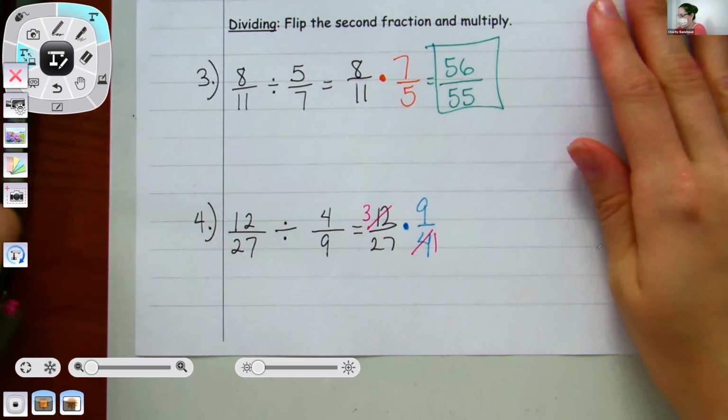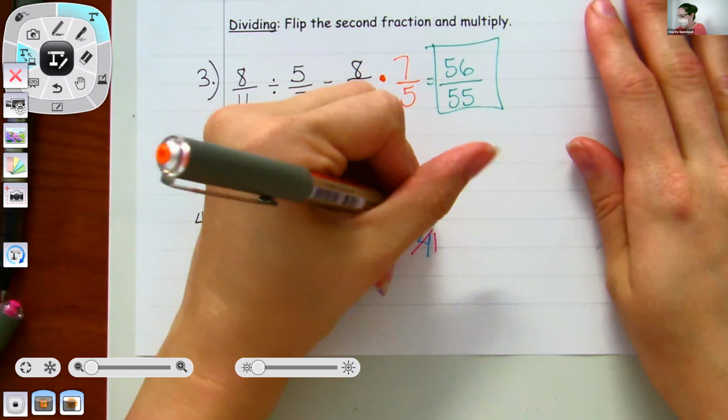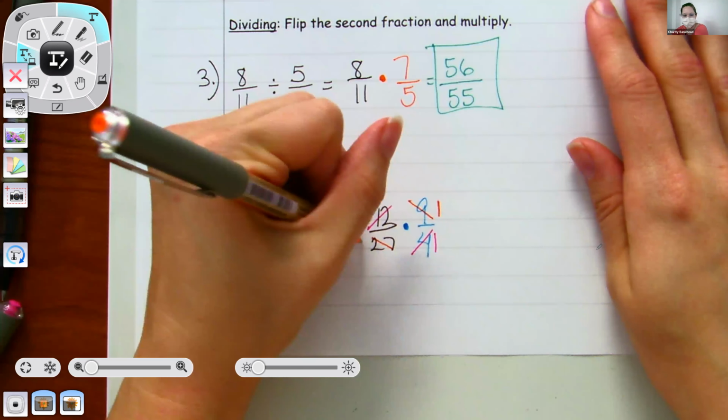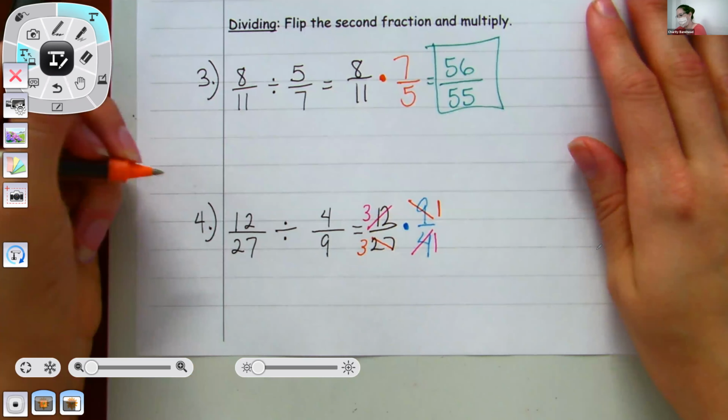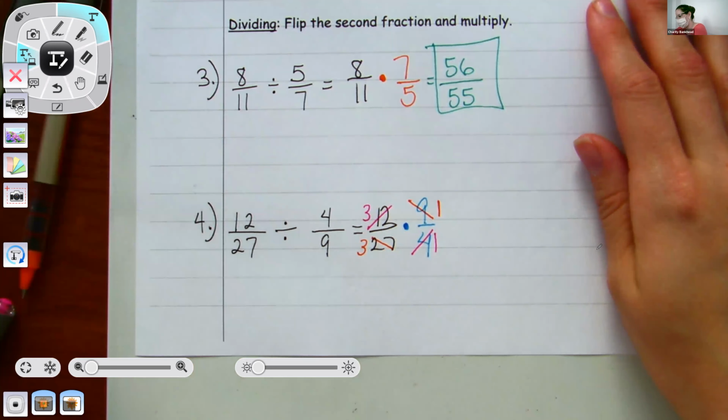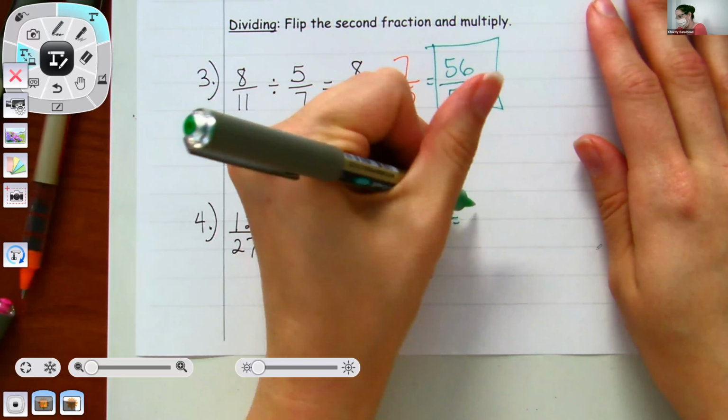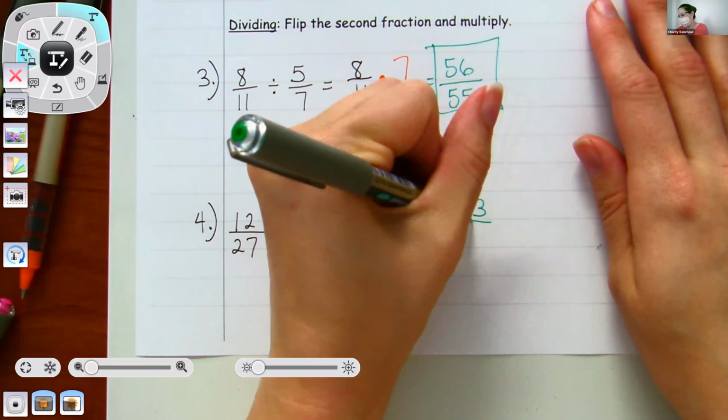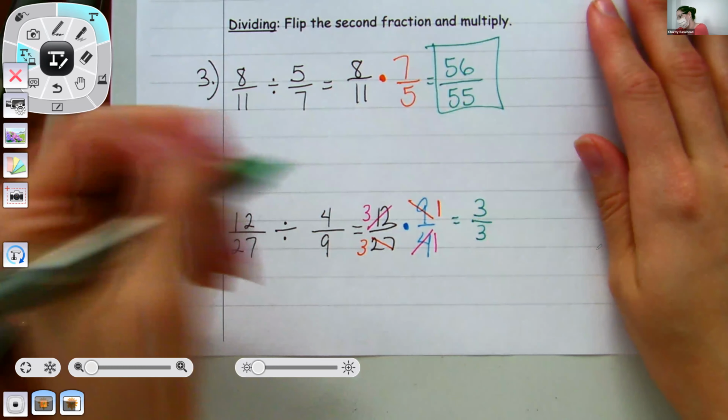And 9 goes into 9 one time, and 9 goes into 27 3 times. So then you multiply across, you just end up with 3 times 1 is 3, and 3 times 1 is 3. So that's just 3 over 3. And 3 over 3 is just 1.